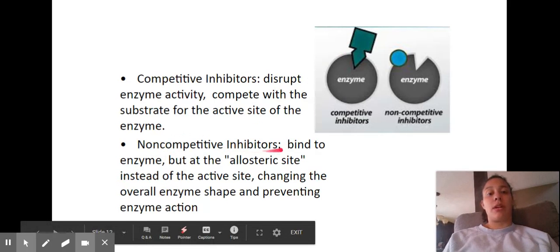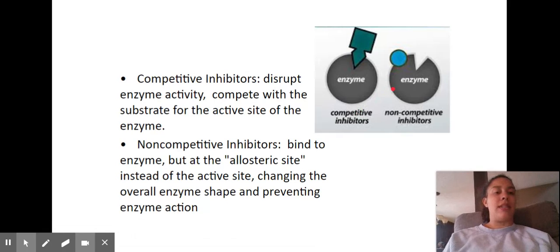Non-competitive inhibitors are going to bind to a site called the allosteric site, a site that is not the active site. It might be at the bottom of the enzyme, or it might be right next to the active site. If you're not competing for the same goal, but you are still competing against somebody, you might have two different end games.